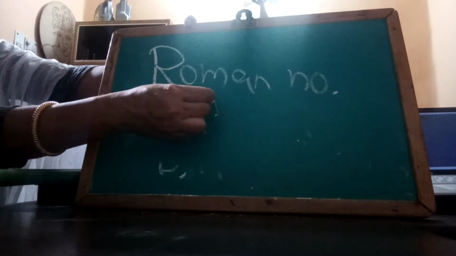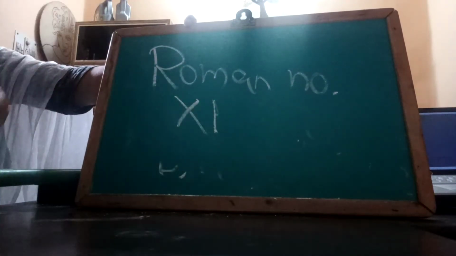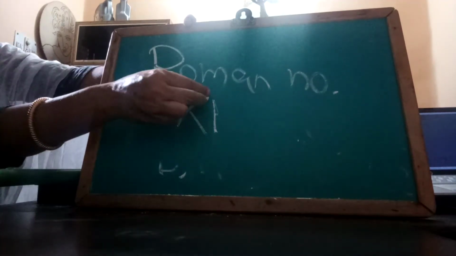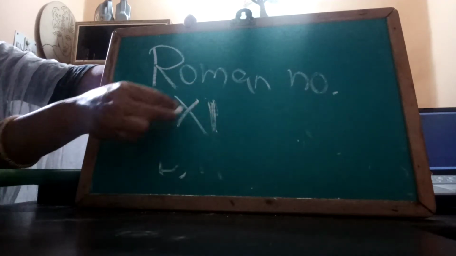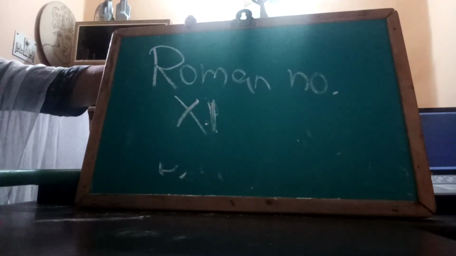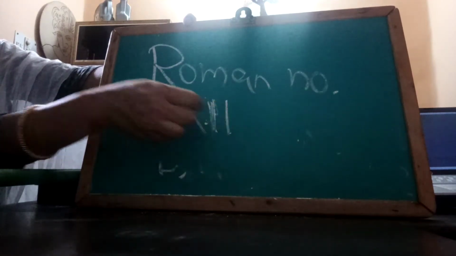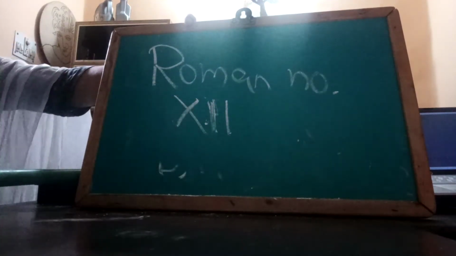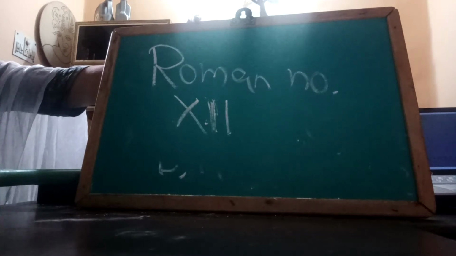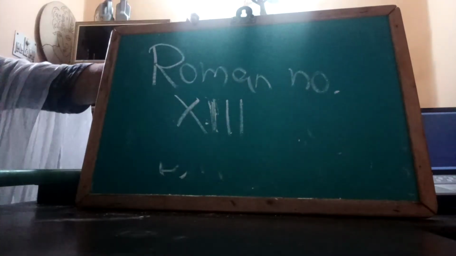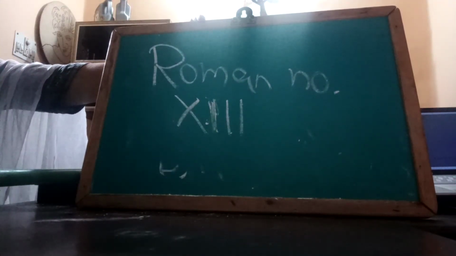So I denotes a smaller number or V denotes a smaller number. I is 1, V is 5. Then this becomes 10 plus 1, 11. Now if I write 2 I's, 10 plus 1 plus 1, it becomes 12. If I write one more I, 12 plus 1, 13.